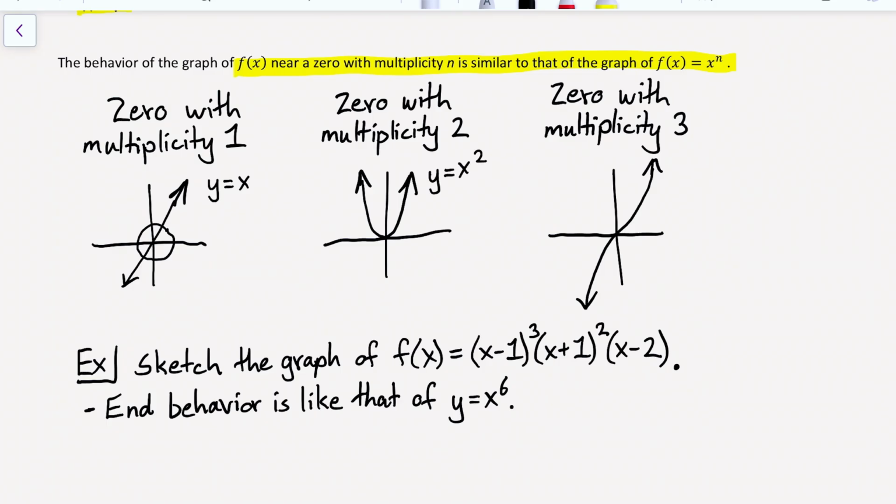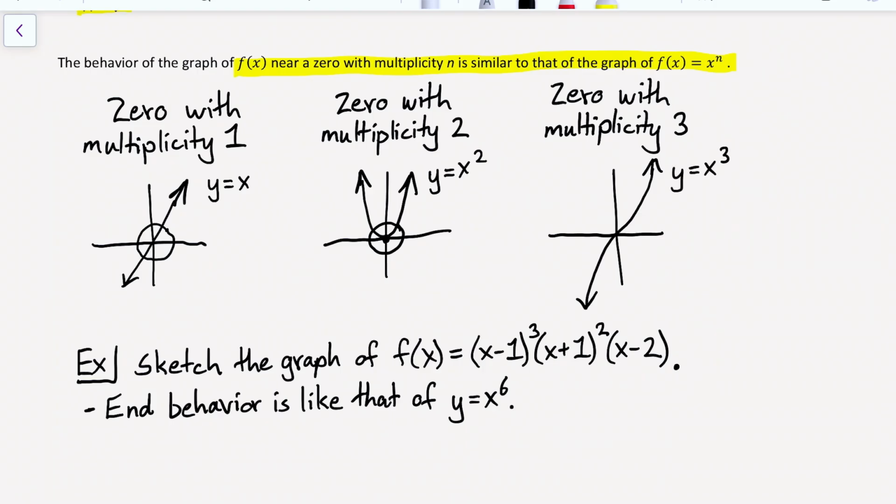It just passes through the x-axis on a diagonal line. A zero with multiplicity 2 is going to be similar to the graph of y equals x squared near that given zero. Notice what's happening there. It's simply touching the x-axis and then rebounding. It doesn't cross the x-axis there.